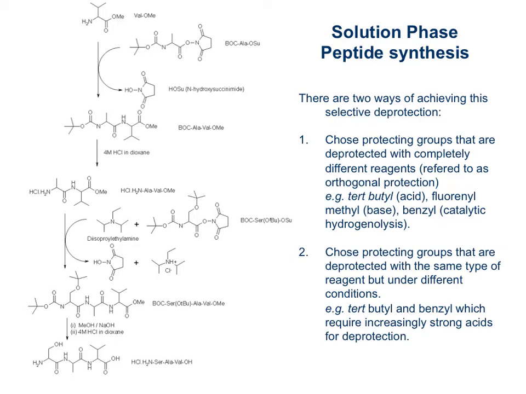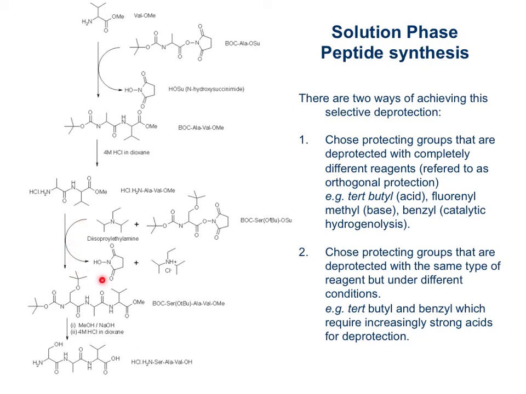and then creating this dipeptide. And then the acid is used to deprotect the Boc group on alanine. And then you're adding another serine, and as from the previous slide, the serine is protected with this tertiary butyl group, and so in future you should know how to add the tertiary butyl group.